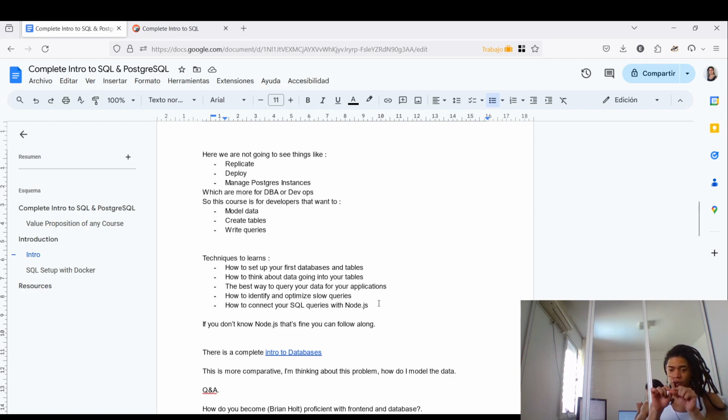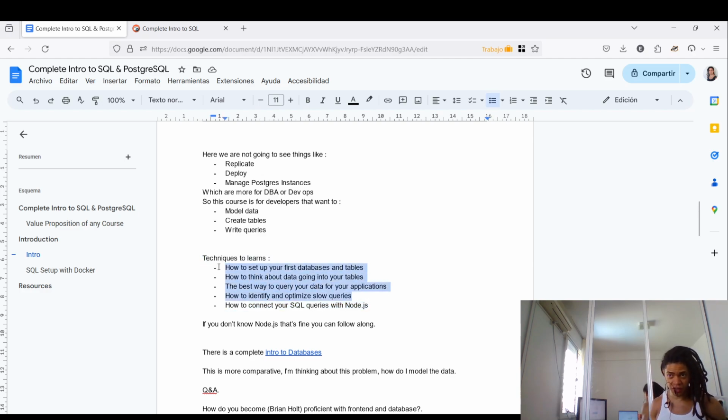How to identify and optimize slow queries. That's a particular technique here. And how to connect your SQL queries with Node.js, which is using an ORM.